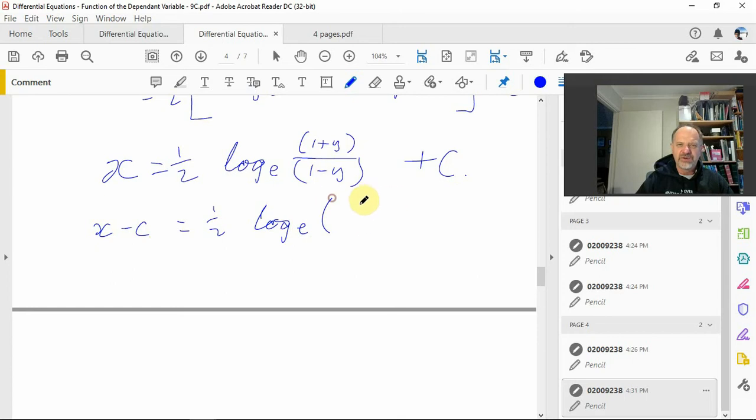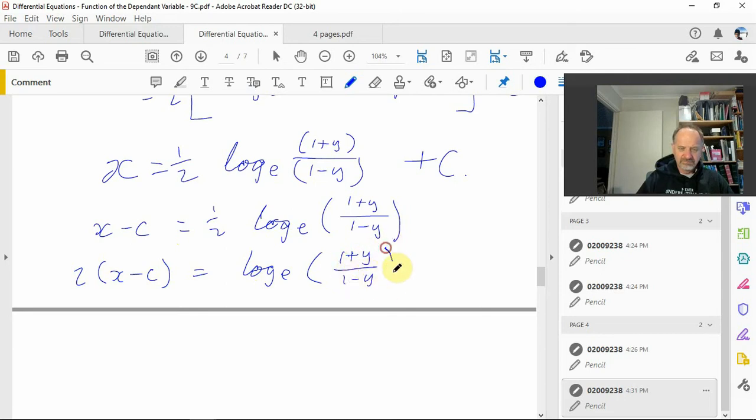Now I don't need 2 brackets, I can have one bracket. Then if I times both sides by 2, I've got that.